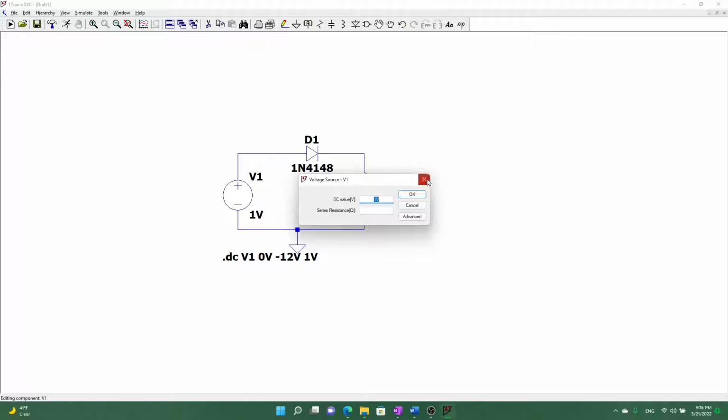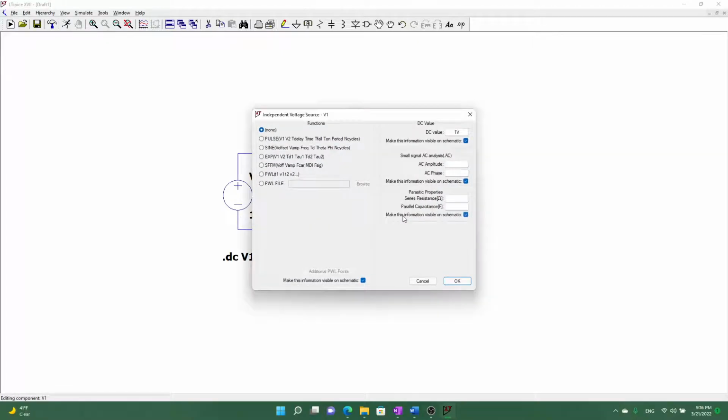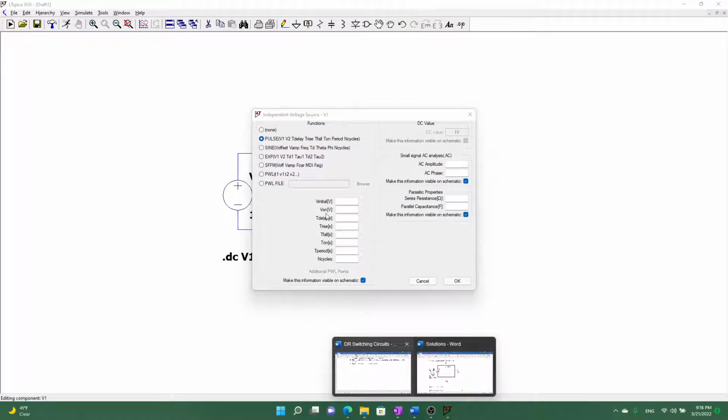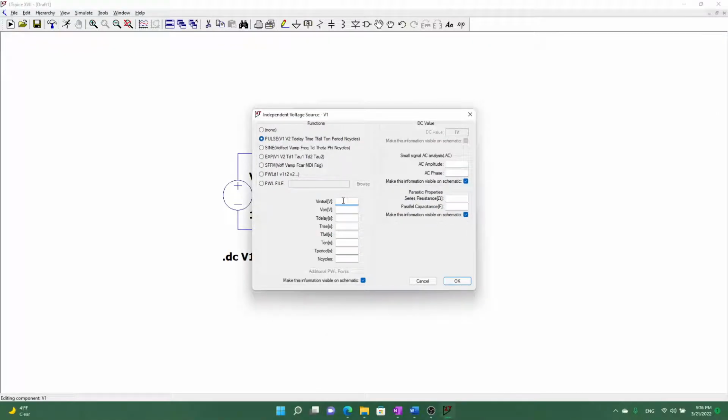To continue to solve this exercise, we have to change the input voltage to a pulse waveform with the following characteristics. Initial voltage minus 12 volts, and it goes up to 12 volts because, like I said, this is the amplitude.